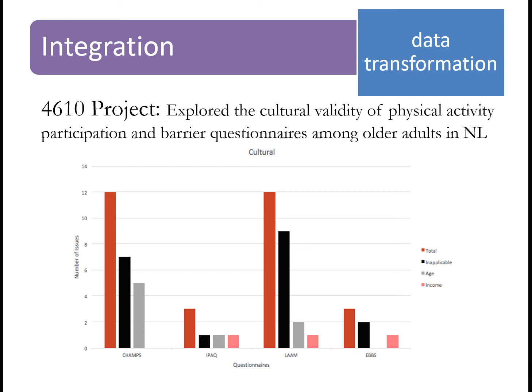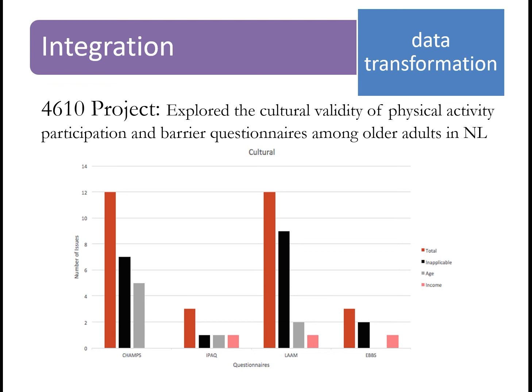And we found that there were a lot of different issues. Then we took all of that and made it into frequencies. So, for example, the LAAM had the most inapplicable survey items, things that just did not relate to anything to do with the culture of Newfoundland. For example, it could be, well, there isn't a swimming pool in your area. It's making assumptions.